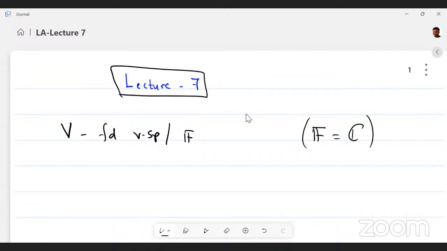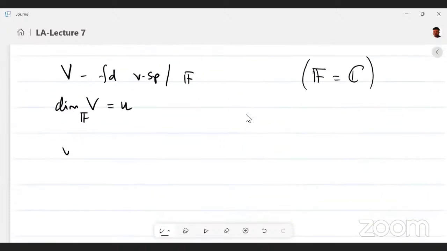So we work with this finite dimensional vector space V, which has dimension n over F, and we will also fix a basis throughout. We call it V bar, which is the basis v1, etc., vn.